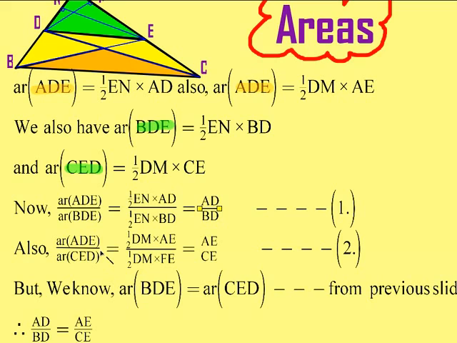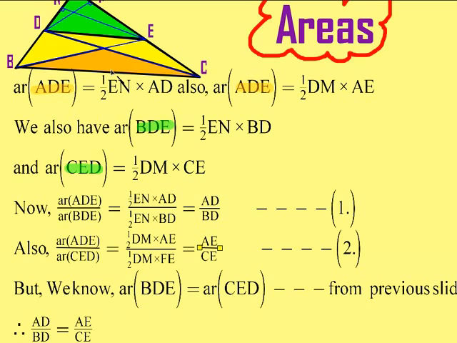Next, when we consider triangle ADE and its ratio with the area of triangle CED, we get half DM into AE upon half DM into CE, which is nothing but AE upon CE. But we already know that the area of triangle BDE is equal to the area of triangle CED. Why? Because they are two triangles lying on the same base DE and between parallels DE and BC, so their areas are equal.